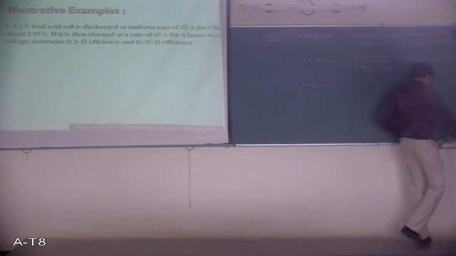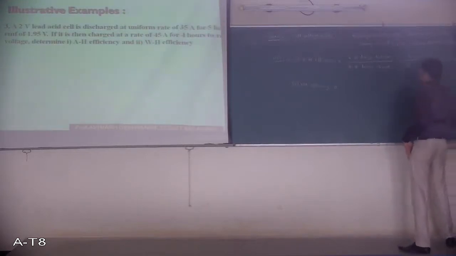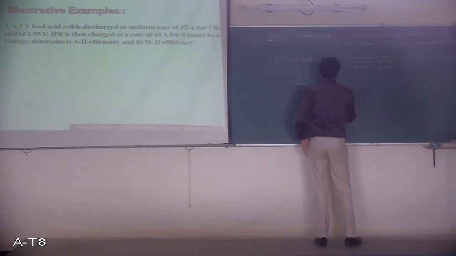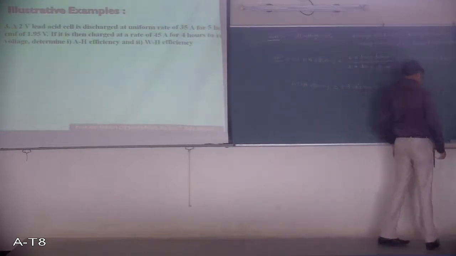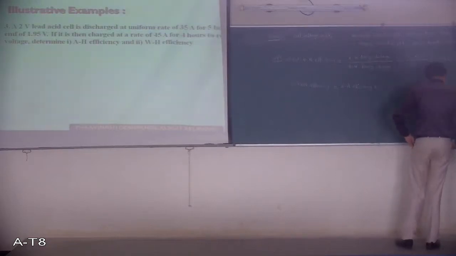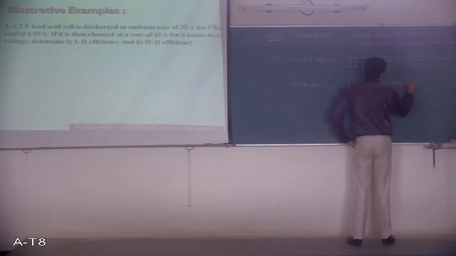The relationship to calculate the watt hour efficiency is ampere hour efficiency multiplied by the average voltage while discharging divided by the average voltage of the cell while charging.